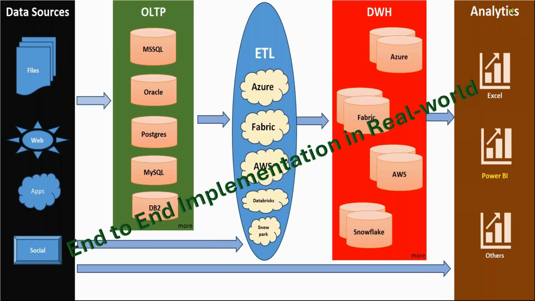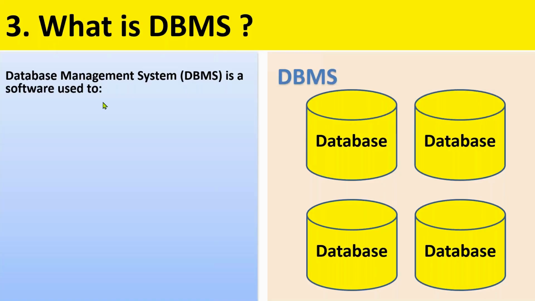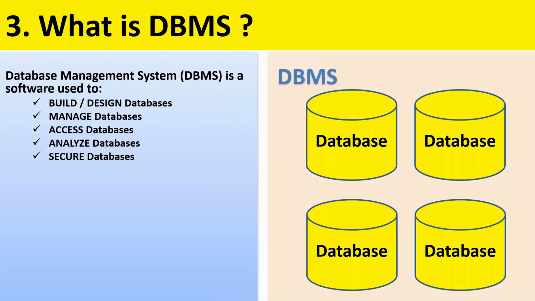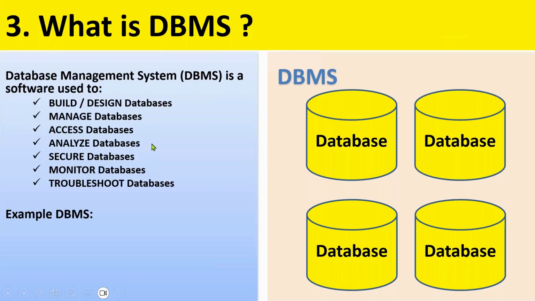We need multiple software: Excel, Power BI, Python, and out of all these, the main masterpiece, DBMS. The basement. It's a software. I'll provide the installation and download instructions today. DBMS is a software to build and design databases, manage databases, access, analyze, secure, monitor, and troubleshoot databases.